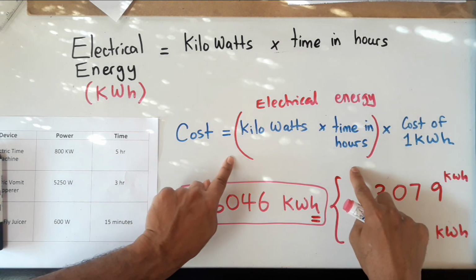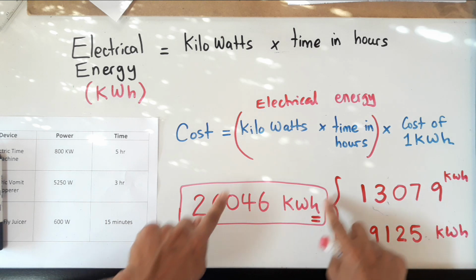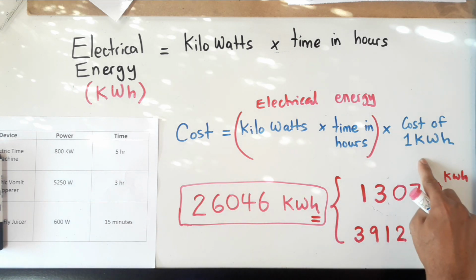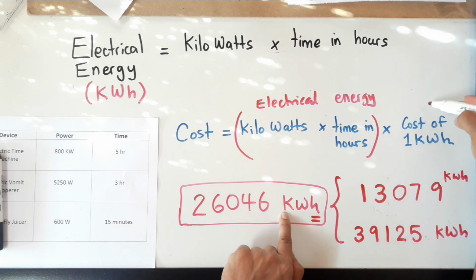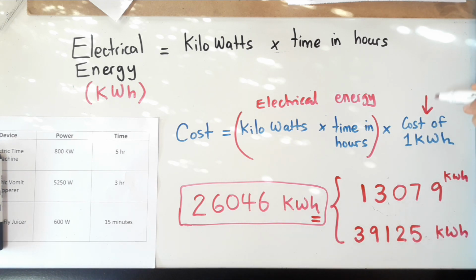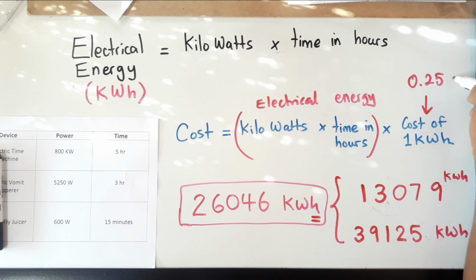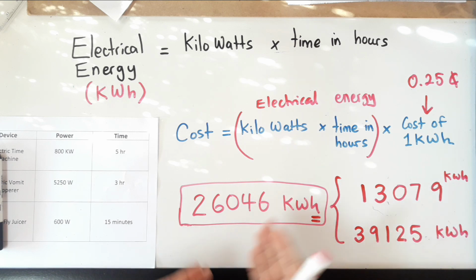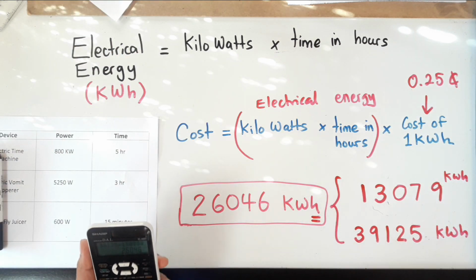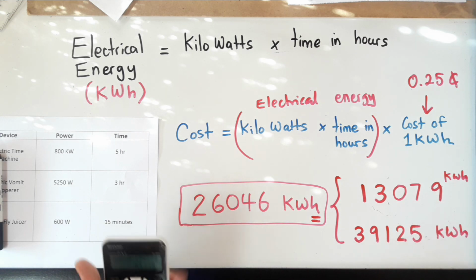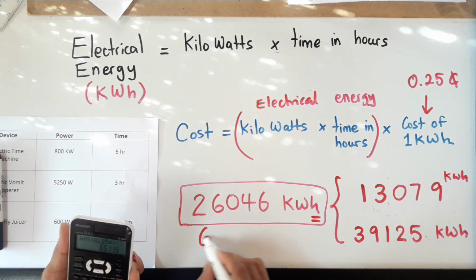And to find the cost now, we just have to take the kilowatt hours and multiply by the cost of 1 kilowatt hour, right? The amount of kilowatt hours by the cost. So let's assume that the cost of 1 kilowatt hour is 25 cents. All we have to do is take this value and multiply it by 25 cents. So if I take this and multiply by 0.25, we will get the big bill though.